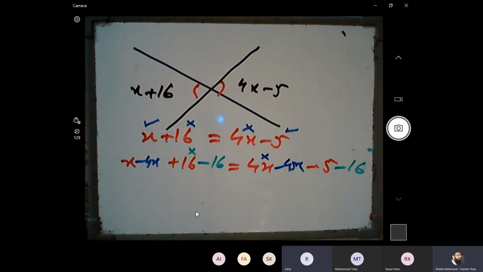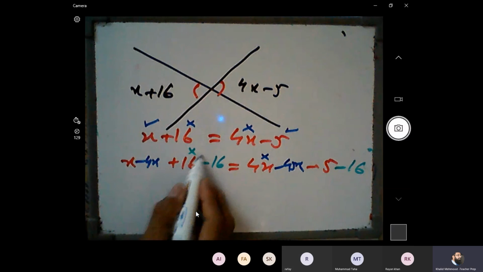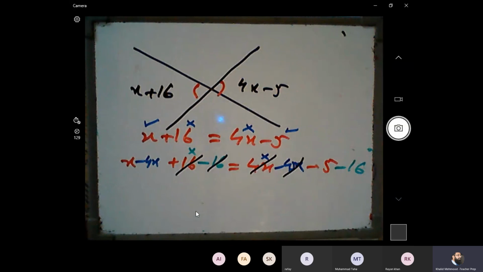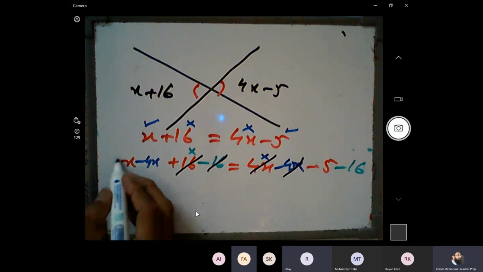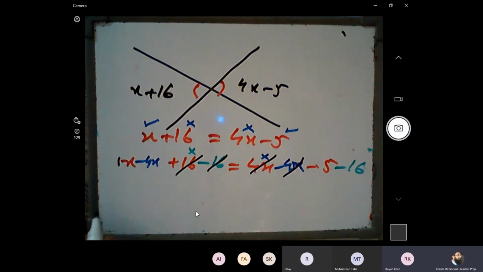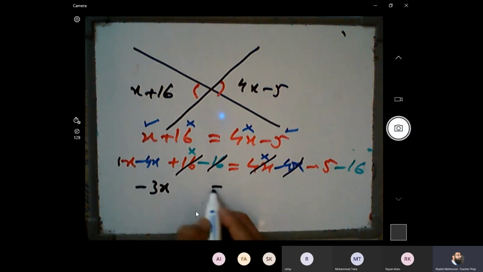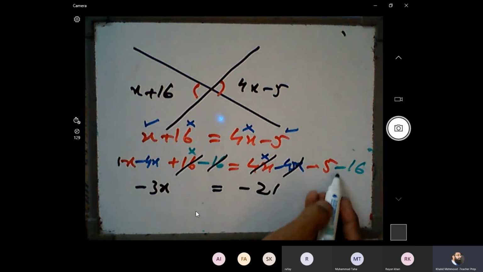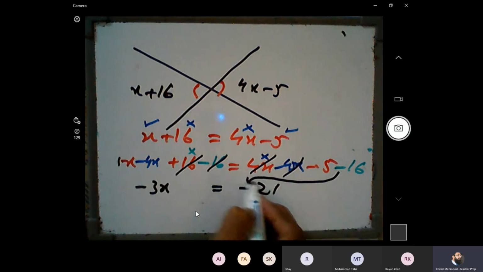So now this will be cancelled, and this will be cancelled. So it becomes, now this is 1x. If there is no number, it is 1x. So 1x minus 4x is minus 3x, and minus 21, same sign, and keep the bigger number's sign.